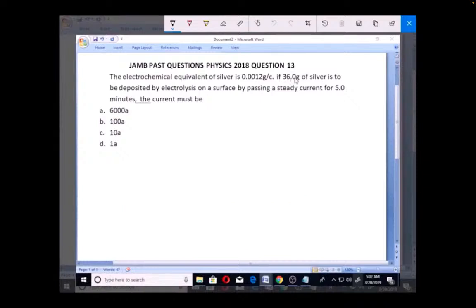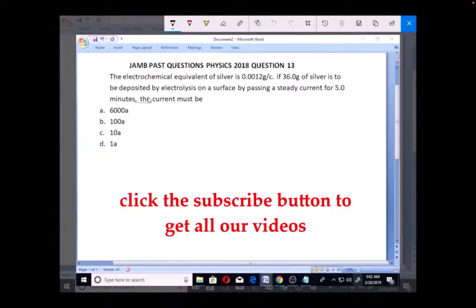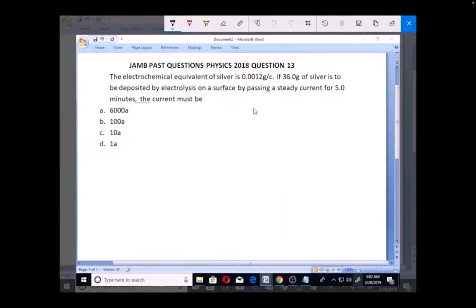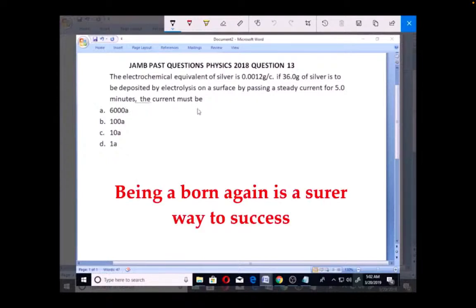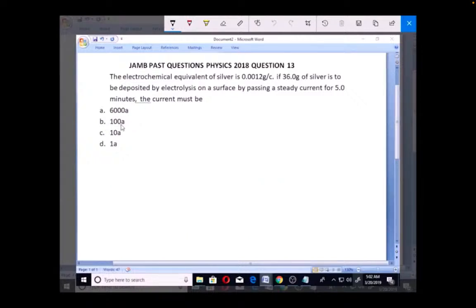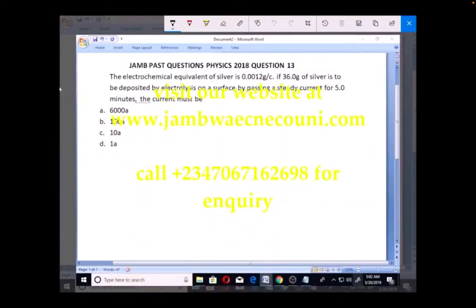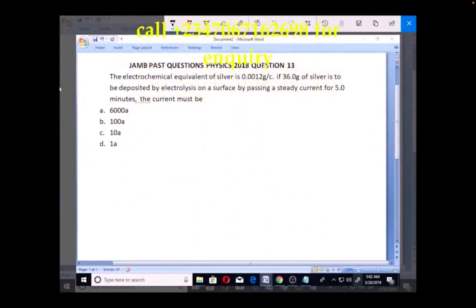If 36.0 gram of silver is to be deposited by electrolysis on a surface by passing a steady current for 5 minutes, the current must be: A. 600 amperes, B. 100 amperes, C. 10 amperes, D. 1 ampere. Now, let us solve this.